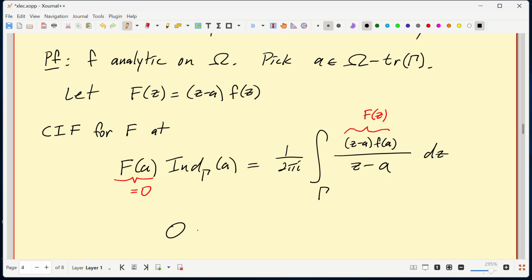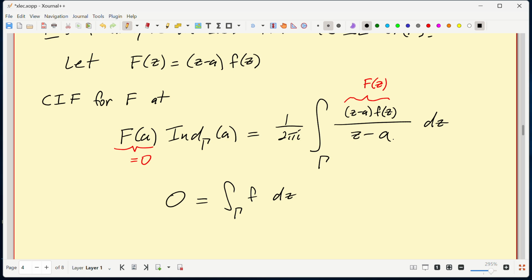So 0 is the integral around gamma of f dz. I'm sorry I put an a here, but I meant a z. So that's it. That's a very sneaky, clever proof that wasn't around when I was a student. But it's a pretty nice way to look at it. Any questions about that? I'll have more to say about it after Thanksgiving break.